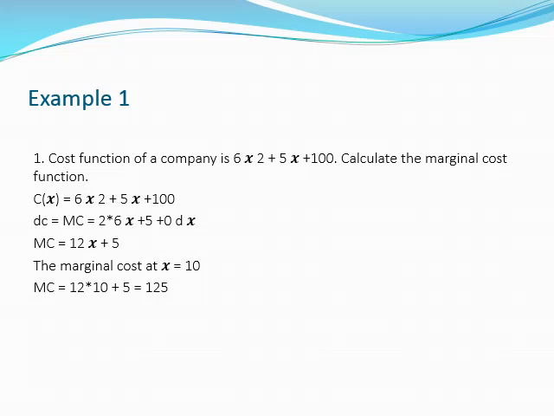So the differentiation of 6x power 2 plus 5x plus 100 equals 2 times 6x plus 5 plus 0. 2 times 6 is 12x plus 5. The marginal cost at x equal 10 equals 12 times 10 plus 5, which is 125.